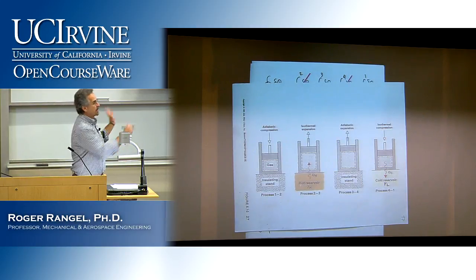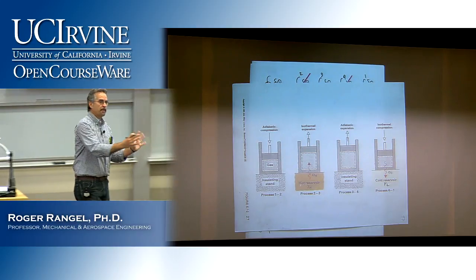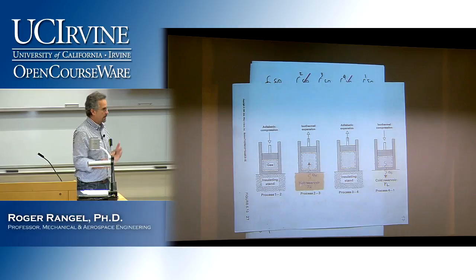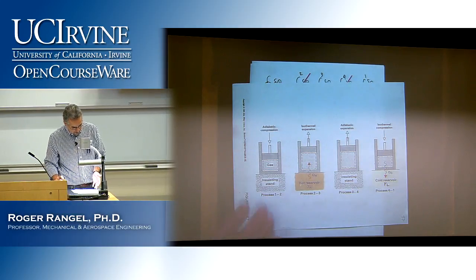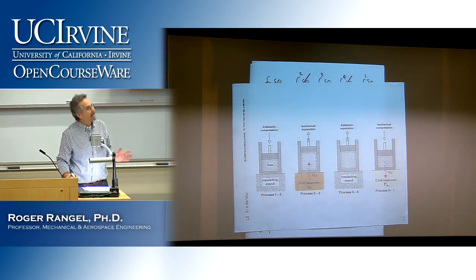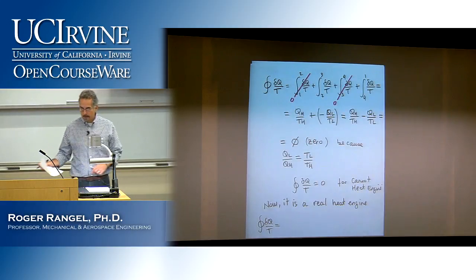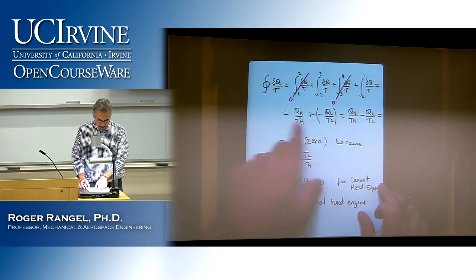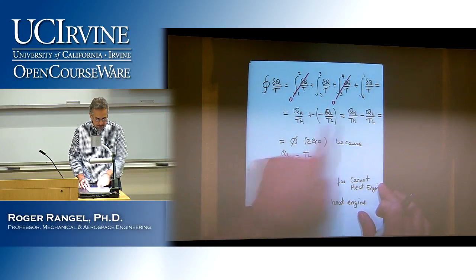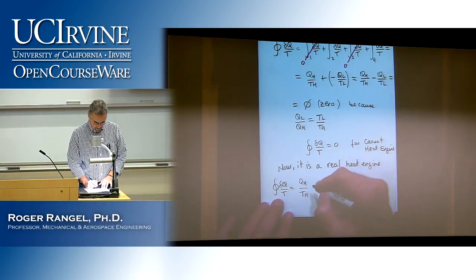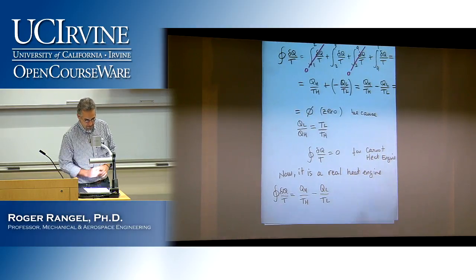It's just that in the first case, I said this is going to be ideal, all reversible processes. But now I'm saying this is the real system. But I still want to make it adiabatic from 1 to 2 and 3 to 4, and isothermal from 2 to 3 and from 4 to 1. So this part doesn't change. All these results that we got to this line are the same: QH over TH minus QL over TL.